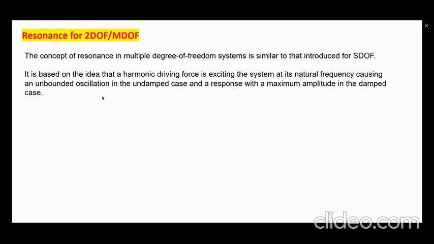Now, let me read this. It is important. The concept of resonance in multiple degree of freedom systems is similar to that introduced in single degree of freedom systems. It is based on the idea that the harmonic driving force is exciting the system at its natural frequency, causing unbounded oscillation in the undamped case and response with maximum amplitude in the damped case.